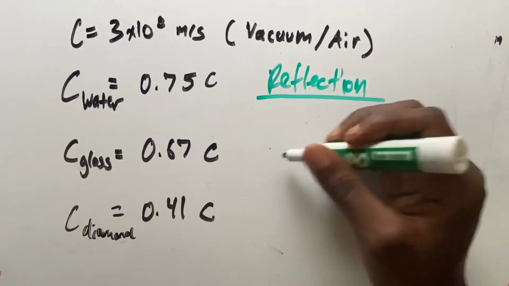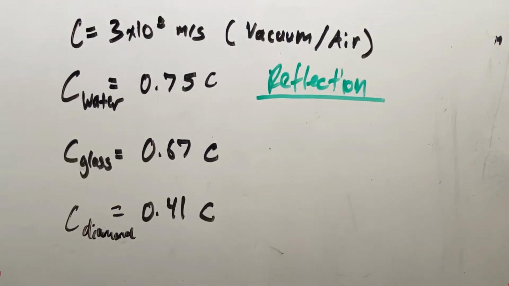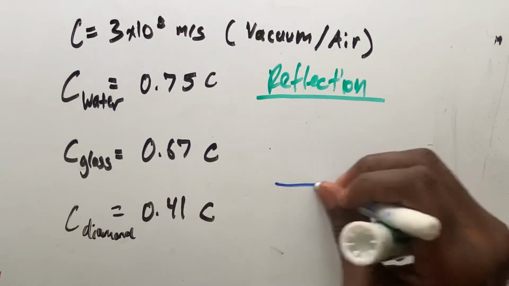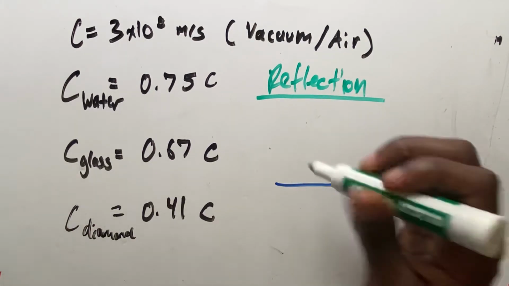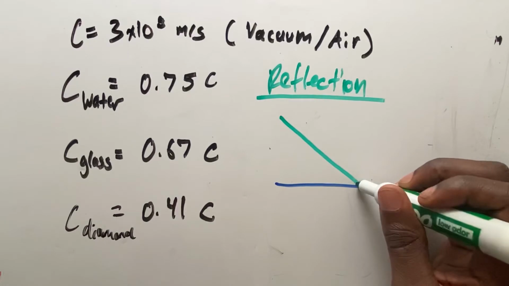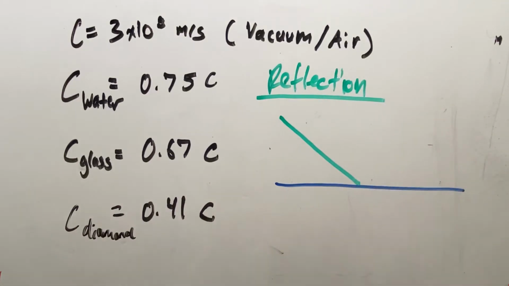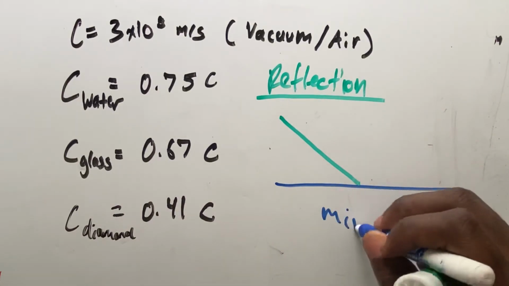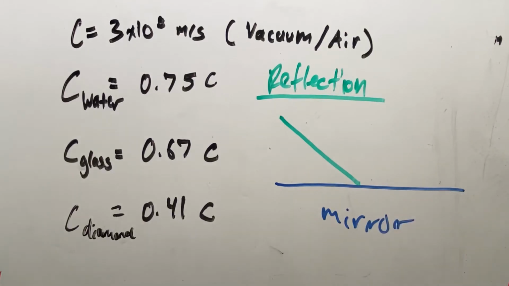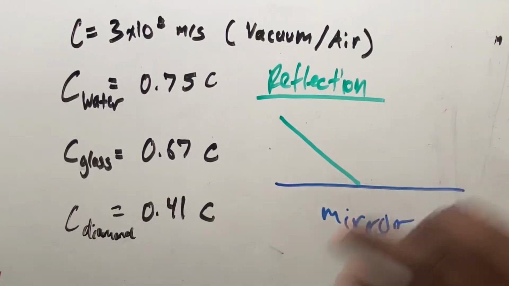Reflection, right? So if we have some surface here, and we have light coming in, boom. Let's say this is a mirror, so the light's going to get completely reflected.